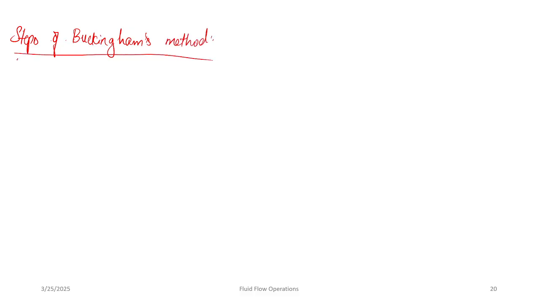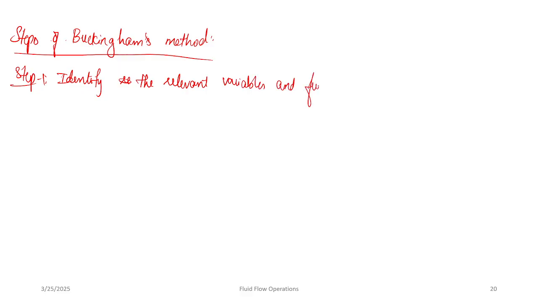Okay, so now comes the steps involved in the Buckingham pi method. Step 1 is to identify the relevant variables and functions. Step 2 is to write down the dimensions.